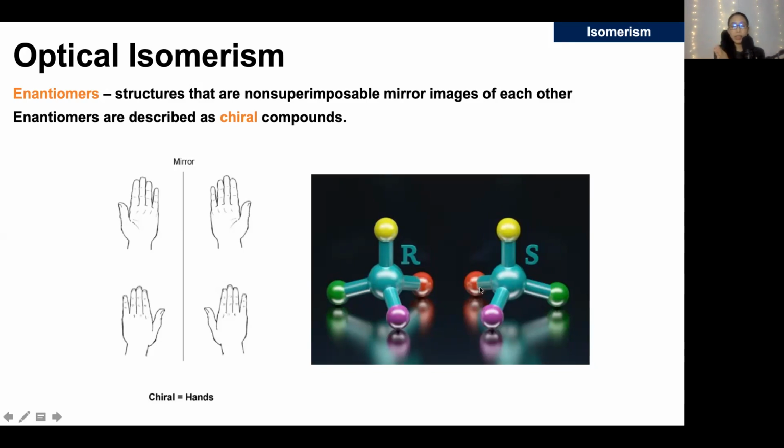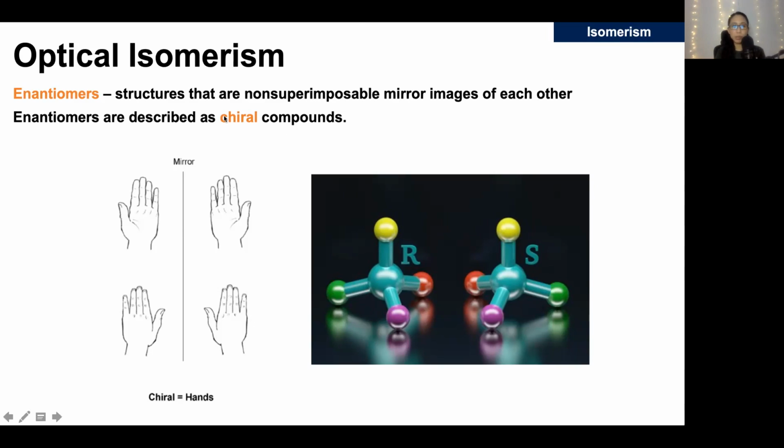And this is very prominent if you have a central atom and the surrounding atoms are different. That's why you have their different colors: yellow, red, purple, and green. If you notice here, these two are mirror images of each other, but they are non-superimposable, which means they are two different molecules.